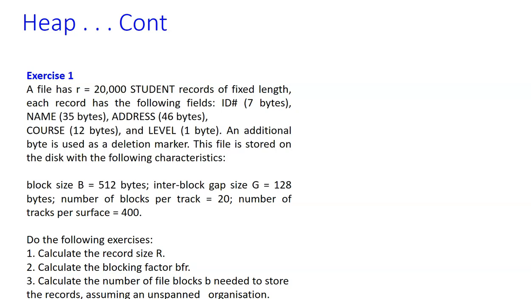They are telling us to, one, calculate the size of the record for that file. Two, calculate the blocking factor, the BFR, which is the number of records that can be stored in a block. Then calculate the number of file blocks needed to store the records, assuming that, this being a fixed length record, the file organization is unspanned.